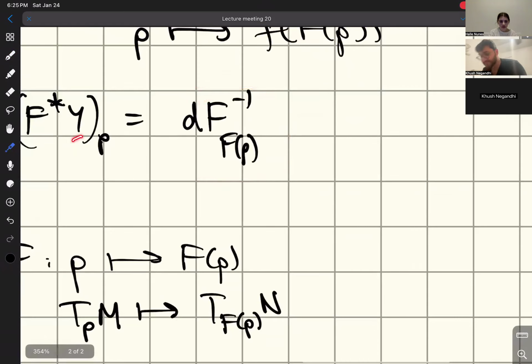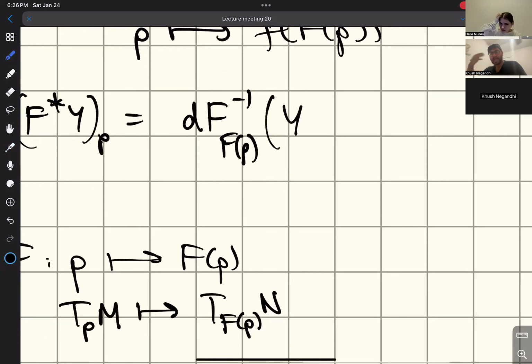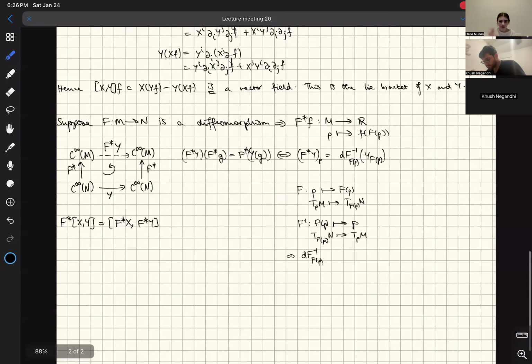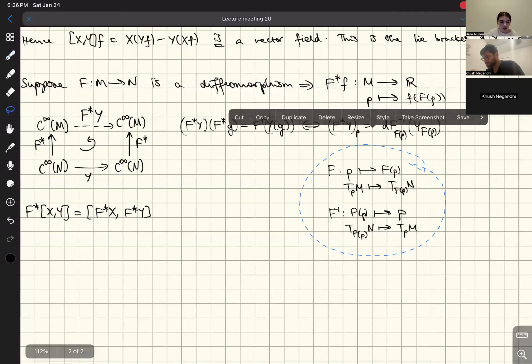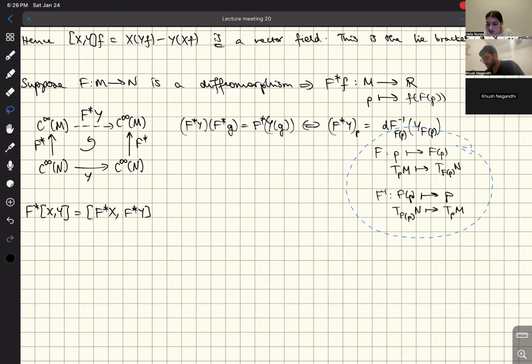And now remember, Y was a vector field on N, so I can evaluate the vector field at the point f of P. Thank you for asking.